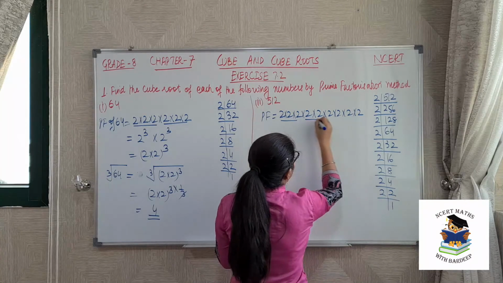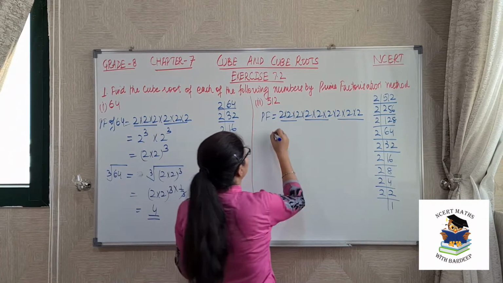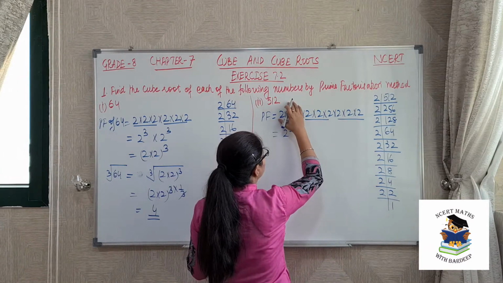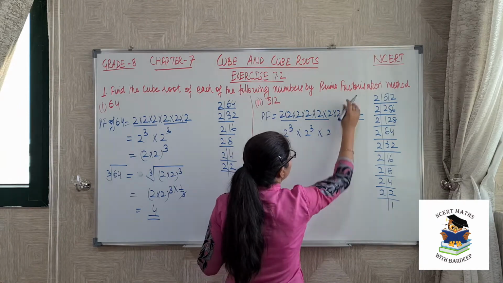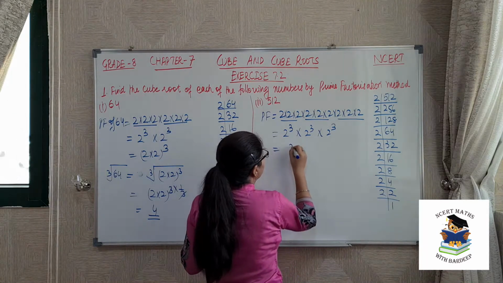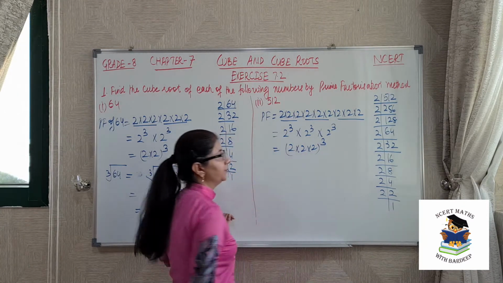since 3 groups are there, we will write 2 raised to power 3 for this group, for this also 2 raised to power 3, for this also 2 raised to power 3 and then the power we will take out.